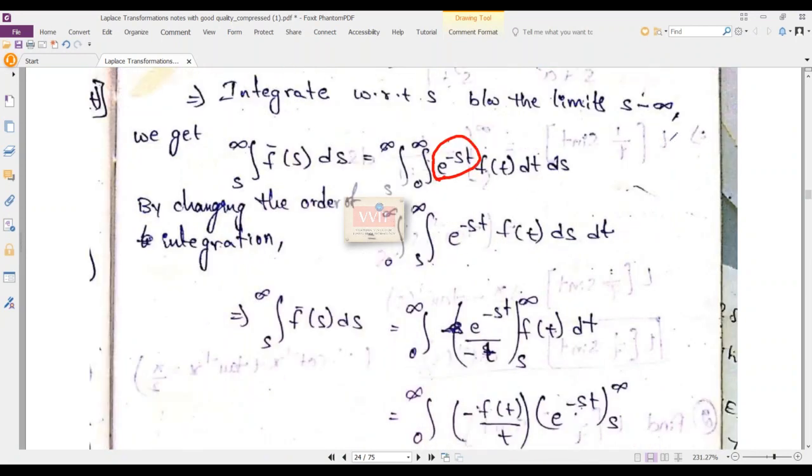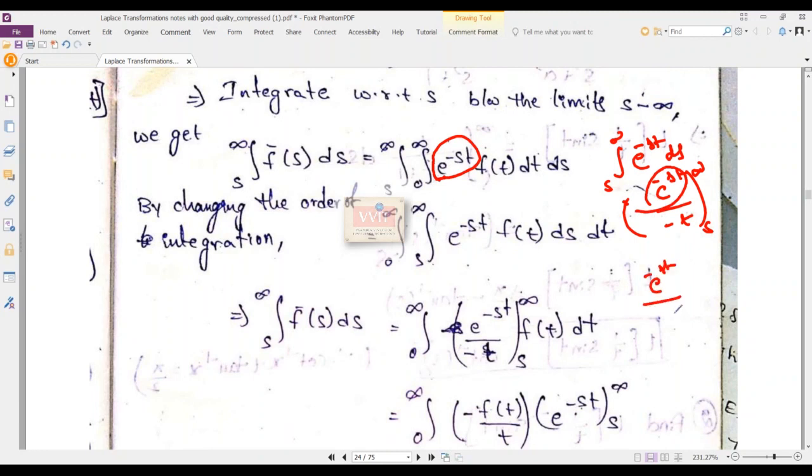The integral of e power minus st ds is e power minus st by minus t, from the limits s to infinity. For the upper limit it will be 0. For the lower limit, e power minus st by minus t; minus minus gets cancelled, so I get e power minus st by t.